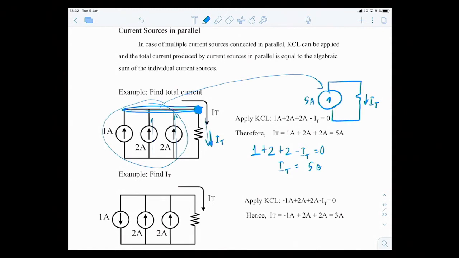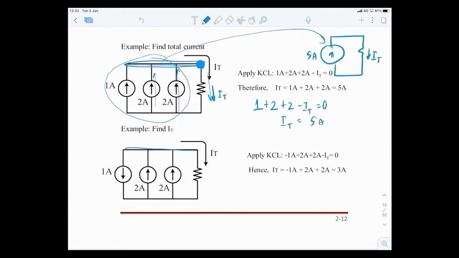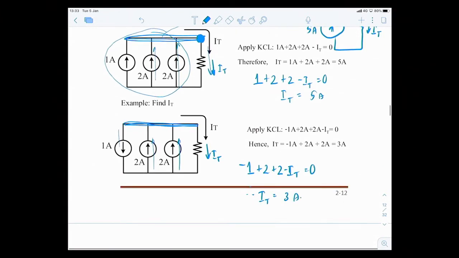You can combine this together and represent it as just one current source with that final value. About this one here, same thing. I total is leaving the node like this, and you have 1 amp leaving the node, so minus 1. 2 entering, so plus 2, and I total leaving the node equals 0. So I total equals 3 amps.